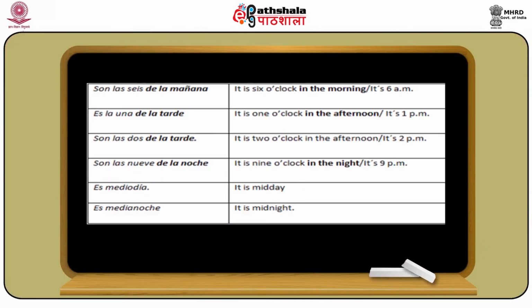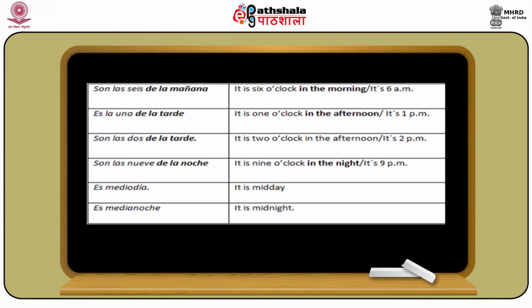Now this concept of AM and PM is expressed by stating the time of day, that is, if it is morning, afternoon or night. So if you want to say it's 6 o'clock in the morning, or 6 AM, then we'll say son las 6 de la mañana. If it is 1 PM, then we will say es la una de la tarde.